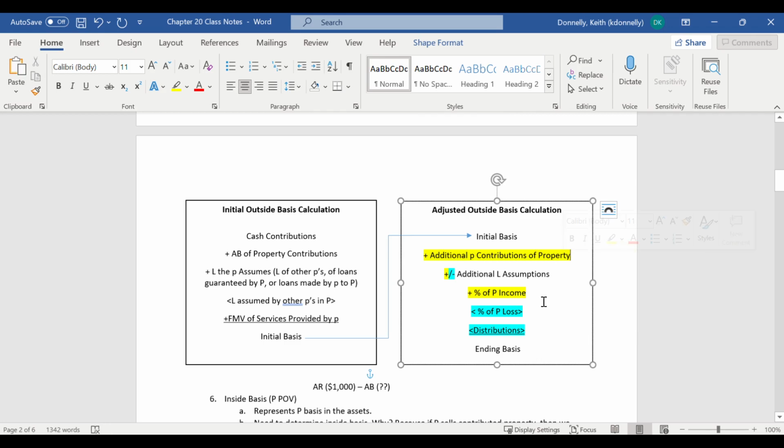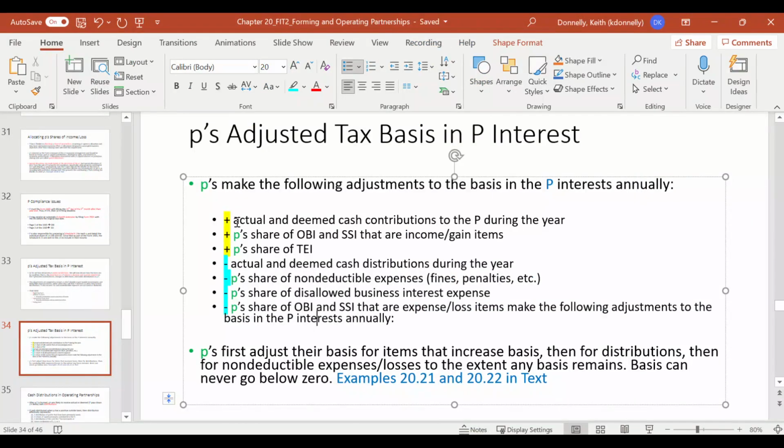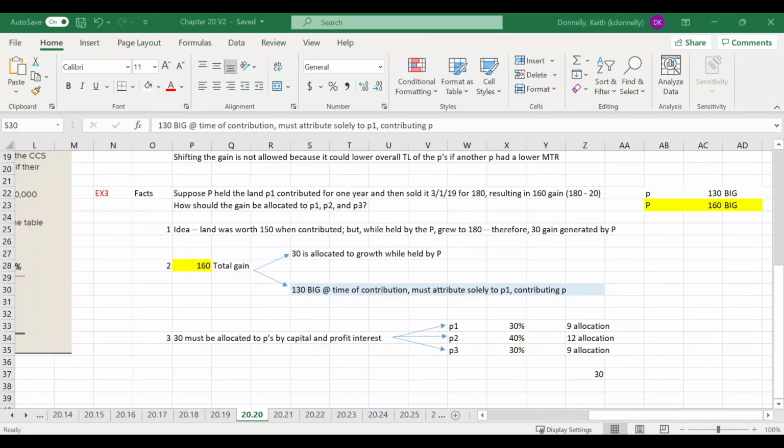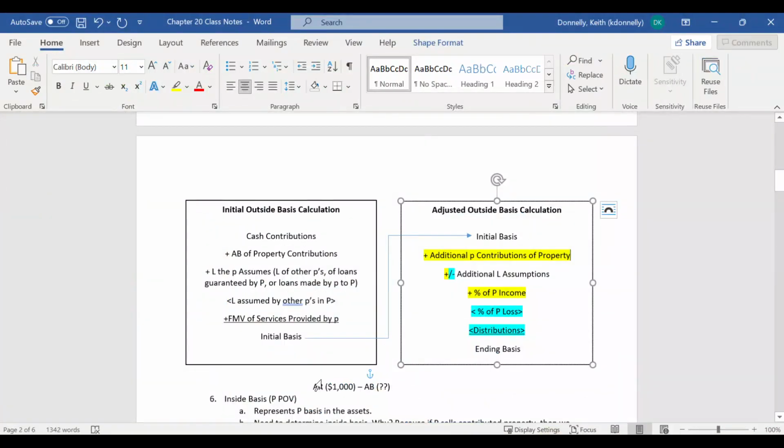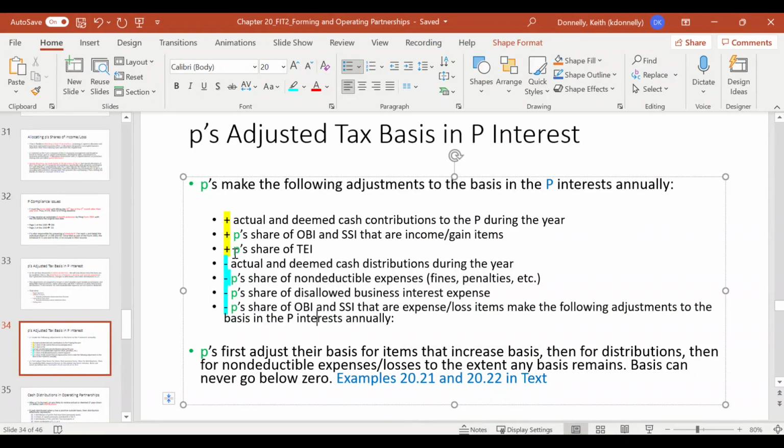We have our pluses and our minuses. Imagine you start with your initial basis, then you add these items and subtract those to get to your ending basis.